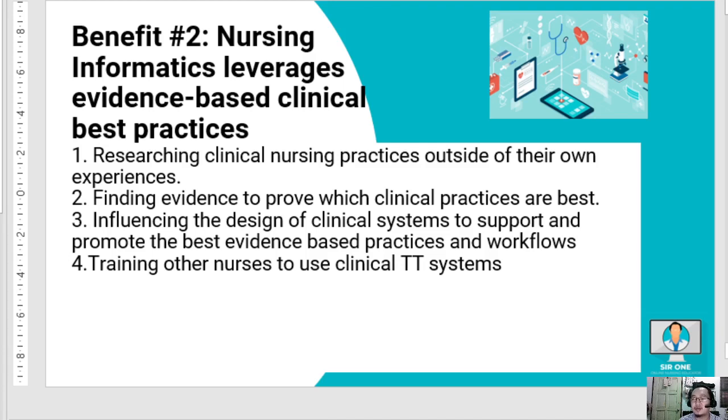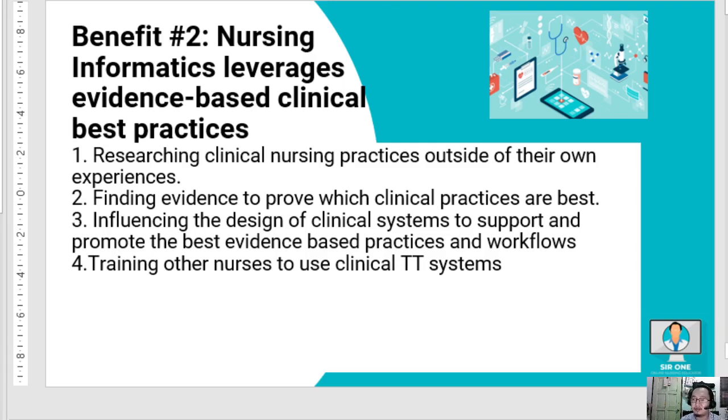So knowing the different best evidence-based practices from other institutions, you can adopt them in your own institution, and you can also translate them into nursing informatics or technology, which will really give you the best outcome for your nursing practice.